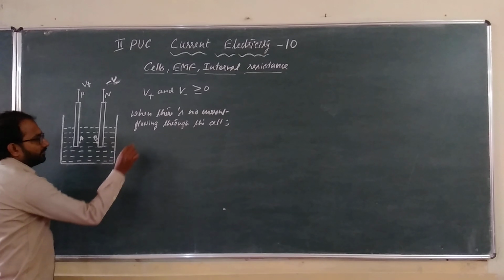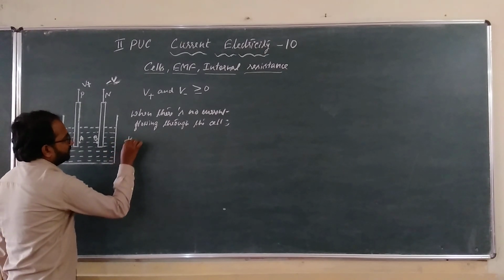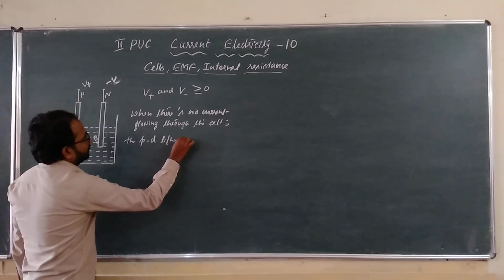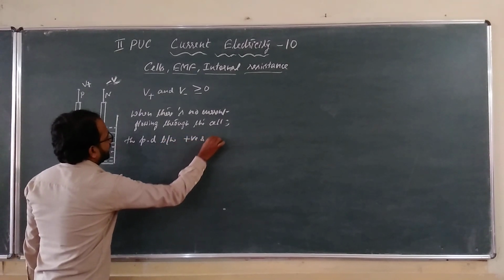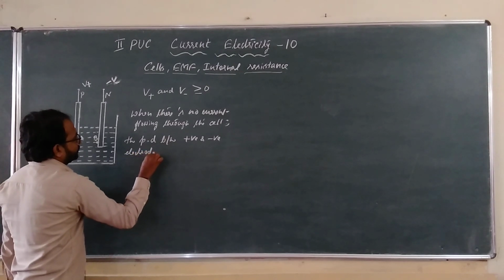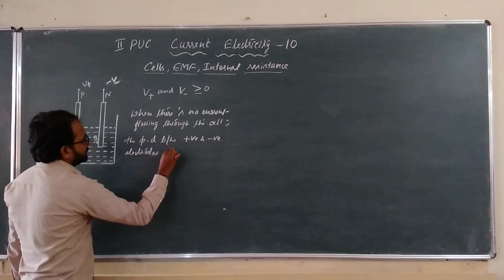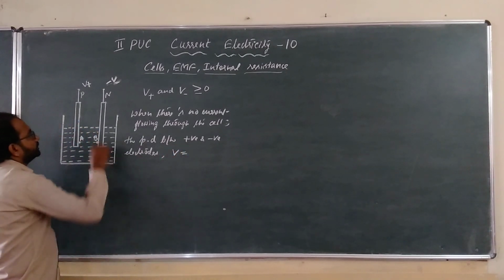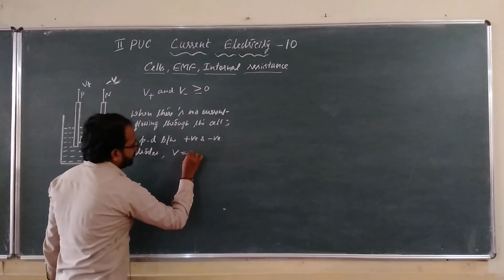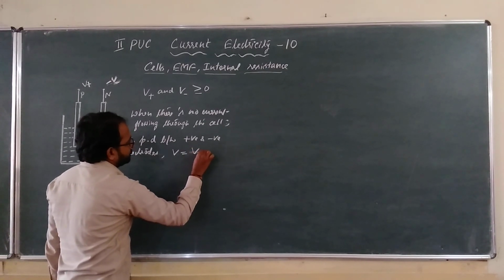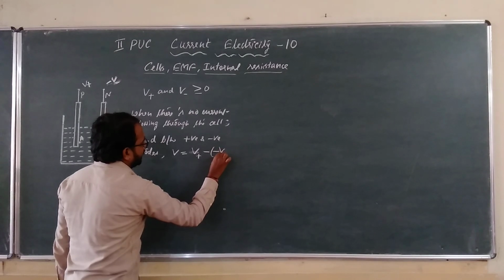When there is no current flowing through the cell, the potential difference between the positive and negative electrodes of the cell is say V, which is equal to V plus minus of minus V minus.